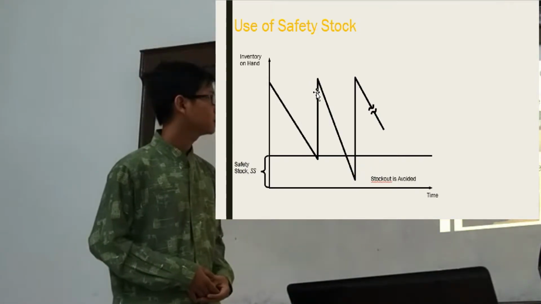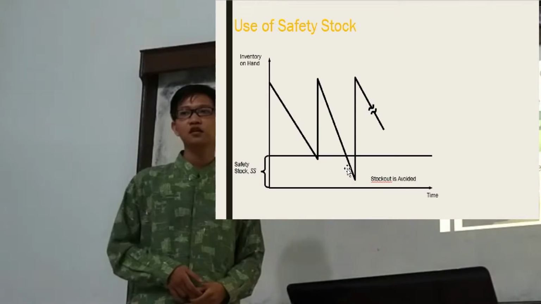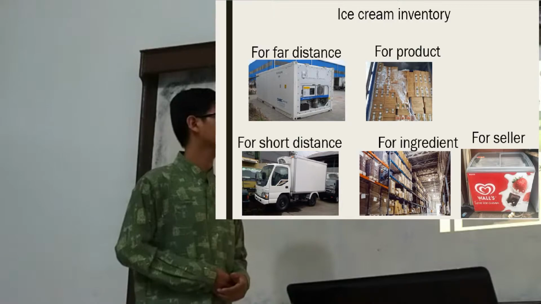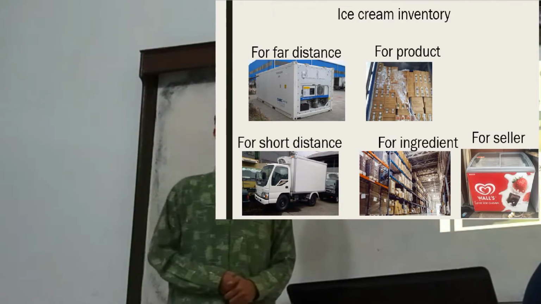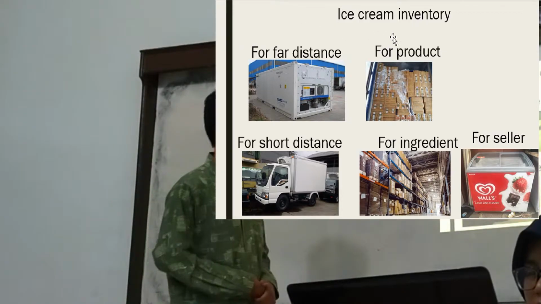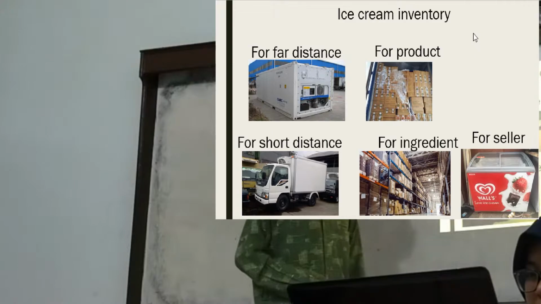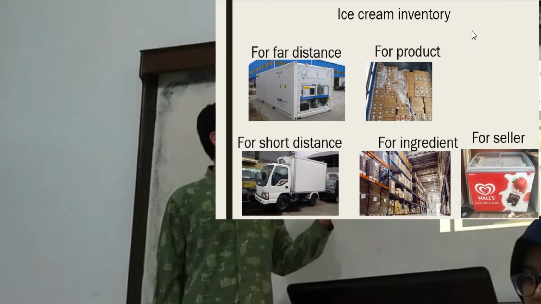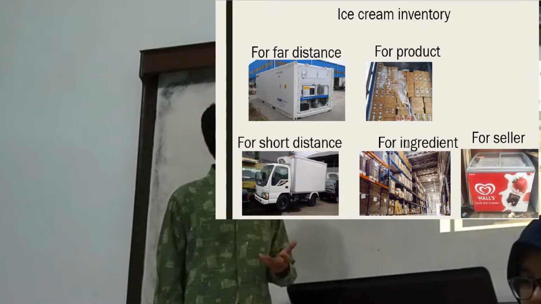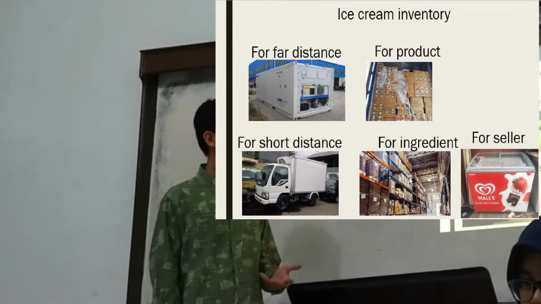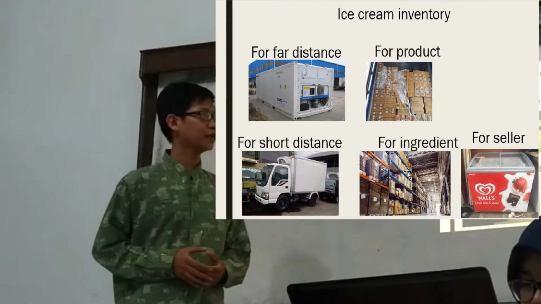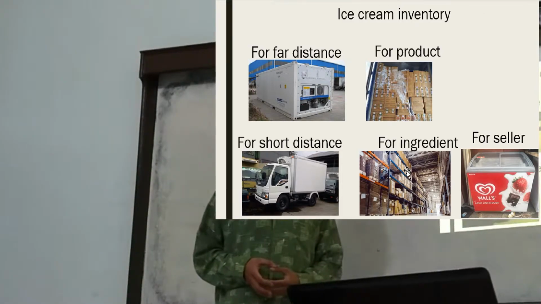Next. This is the example for inventory, ice cream inventory. Like we know before, the types of inventory are many. The first is inventory for ingredients. If we want to make ice cream, depending on what kind of ice cream we will make, we should make a plan for how much of the ingredients we need.